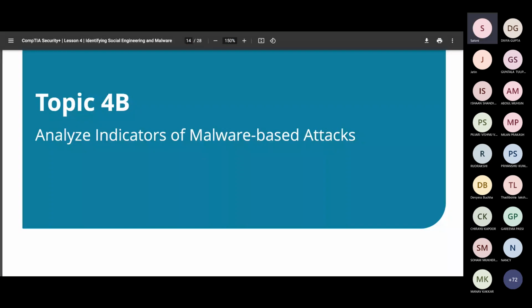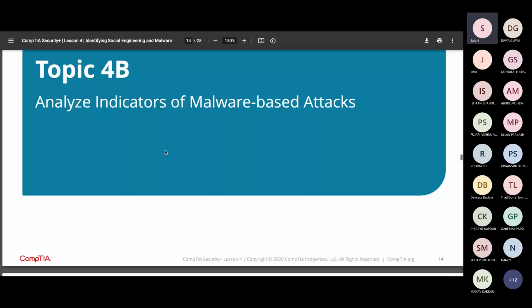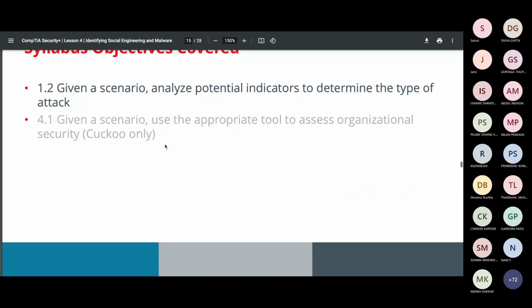Guys, do you know the full form of malware? Malicious software containing viruses. The full form of malware is malicious software, right?